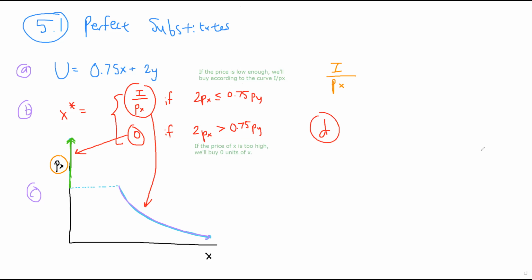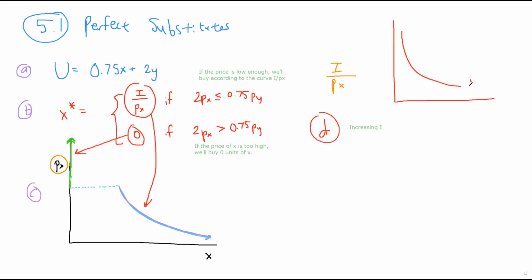D. How do changes in I and PY shift the demand curve for X? So, increasing I, I want to show you, see if I can show you on the plot. Well, let's just graph it.